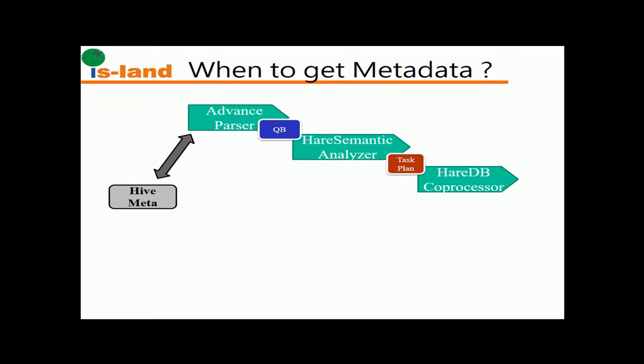And HareDB will decode it correctly. And HareDB will check the meta in the Hare semantic analyzer stage. If unfortunately there is no meta in Hive and HareDB, we assume that everything in the cells is a string.